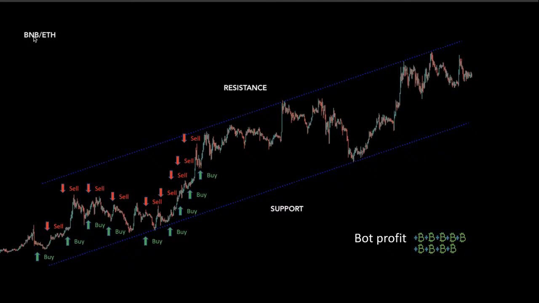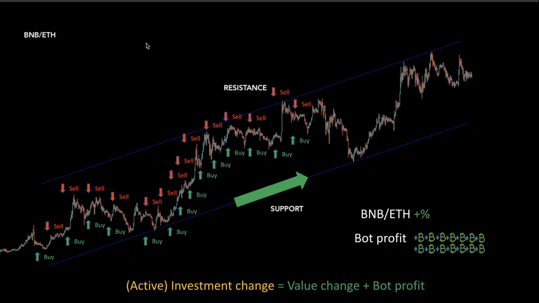And most importantly, here on the upside market, you are not only affected, as I said, by the positive value change, but you allow the bot to use your base currency to make profits for you in Ethereum. So each time it spots buy and sell opportunities, it accumulates profits in Ethereum. So that's what we call active investment change, where the value change plus the bot profit is what you get.